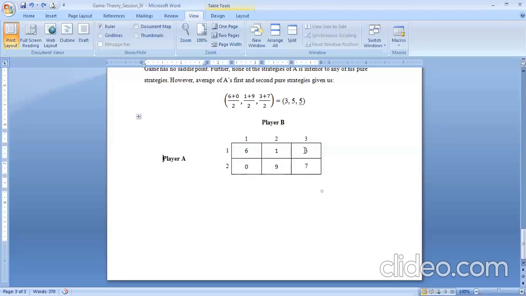Let us take the average of first and third with respect to the second. 6 plus 3 is 9, so the average of 6 and 3 is 4.5, and this one is 7 plus 0, 7 by 2 is 3.5. 4.5 is greater than 1, but 5.5 is less than 9. So again, the average also doesn't work here.